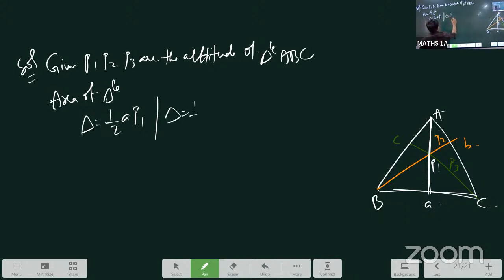Now delta is equal to half BP2 and delta is equal to half CP3. Same, base into height. Is it clear?